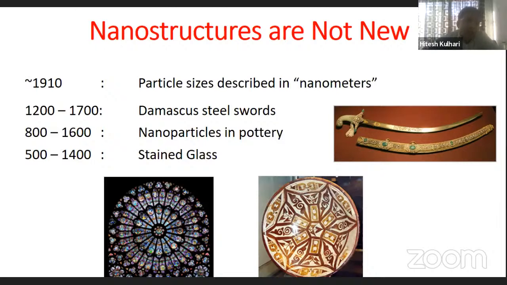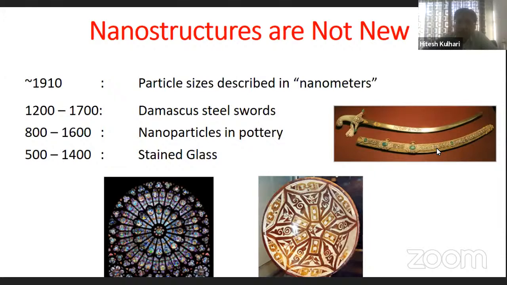But even before that, around the 1200s to 1700s, some steel swords were designed that had different colors. If you look at them from different angles, you will see different colors. This is not because of pigment, it is because of the light interacting with those nanomaterials.